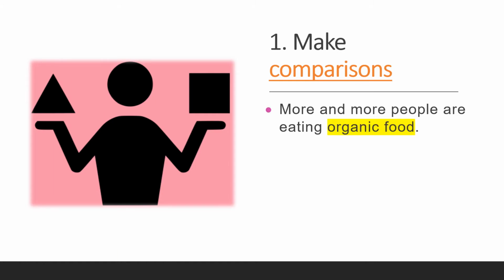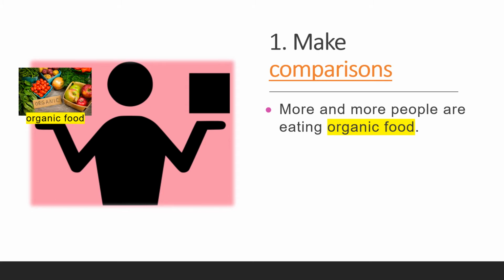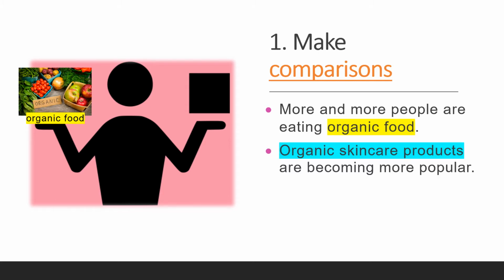We have a first sentence on organic food. More and more people are eating organic food. So the idea that organic food is popular is in the first sentence. In the second sentence, it says, organic skincare products are becoming more popular.